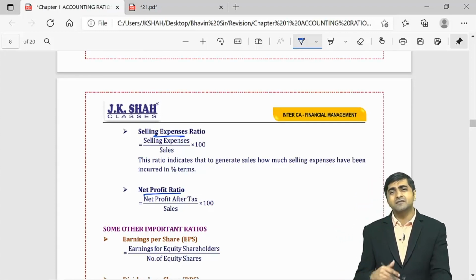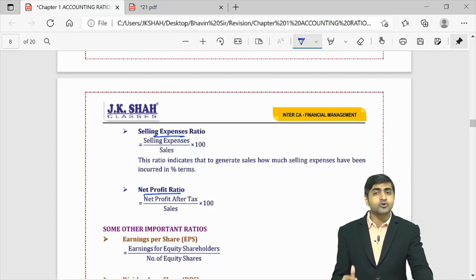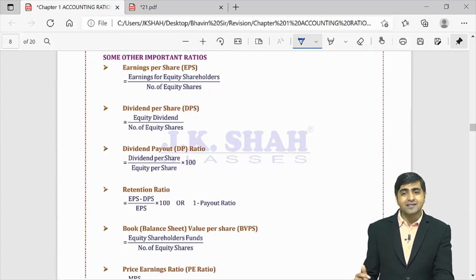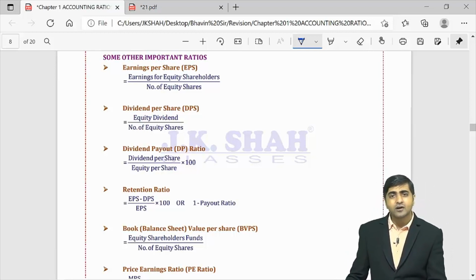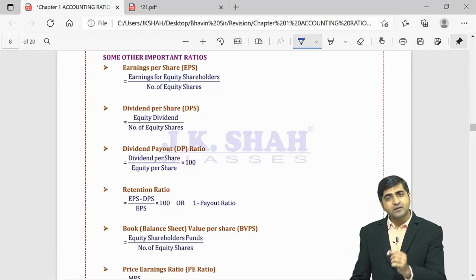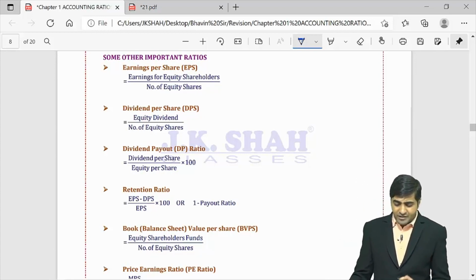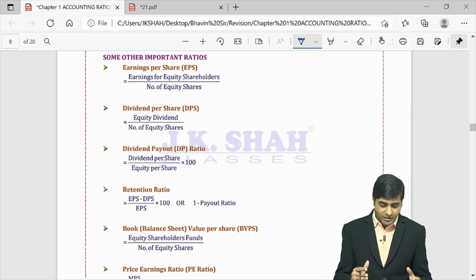Wherever there are profits or returns, it should be higher the better, whereas the expense ratio should be lower the better. Then let us start with some other important ratios, where we have EPS, a very simple ratio: net profit available for equity shareholders divided by number of equity shares, and this should always be higher the better. Dividend per share will be your equity dividend divided by number of equity shares.